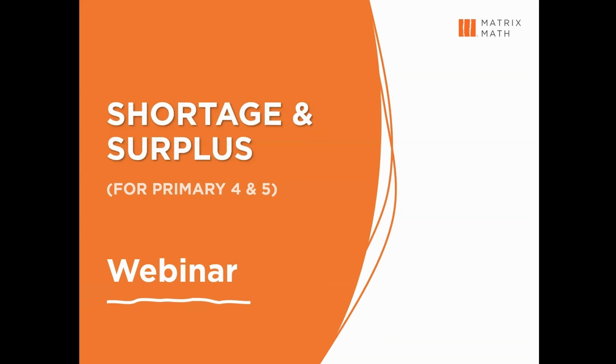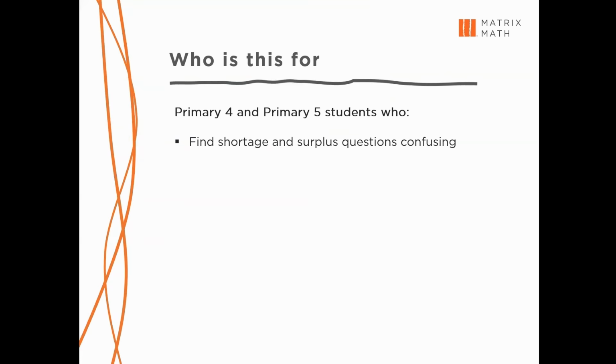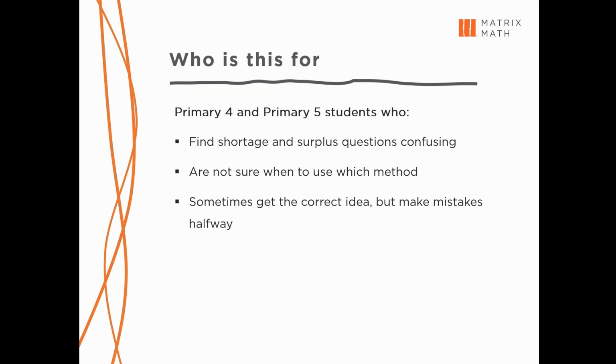Let me briefly go through who this is for and what this webinar is about. I'm sure you are here for a reason, to understand more about this concept. This session is specially designed for P4, P5 students who may find shortage and surplus questions confusing, or are not sure what method to use, or sometimes get the correct idea but then make mistakes halfway, somewhere something went wrong.